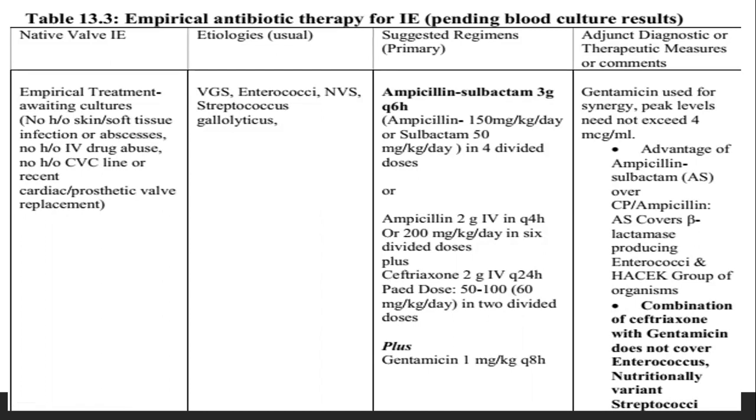Native valve endocarditis is caused by Viridans group Streptococcus, Enterococcus, Streptococcus gallolyticus, and non-Viridans Streptococcus. Remember the drug of choice: ampicillin sulbactam or ampicillin plus ceftriaxone plus gentamicin. Remember the second one: ampicillin plus ceftriaxone plus gentamicin. It has to be given for 6 weeks.